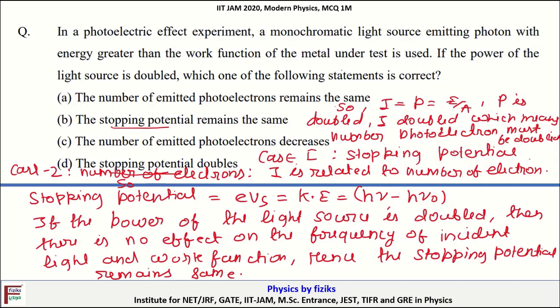But if we check the options, here photoelectrons remain the same. That cannot be the case, since power increases, intensity increases, and an increase in intensity would result in higher photocurrent, which means a higher number of emitted photoelectrons. So that cannot be the option. Stopping potential doubling cannot happen either. So option B is our correct answer.